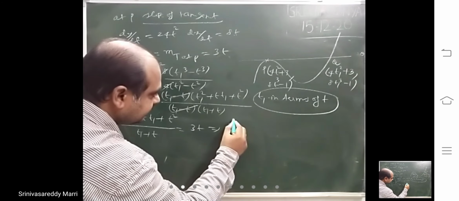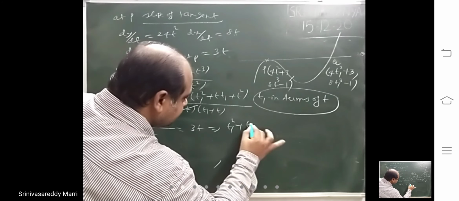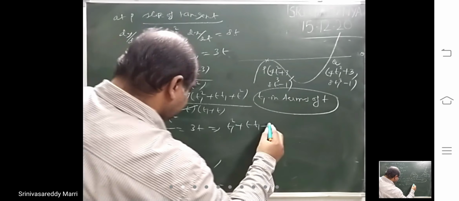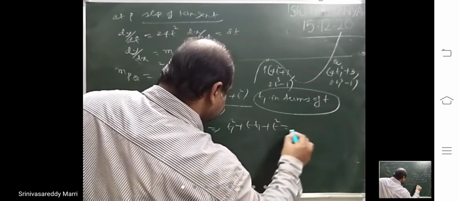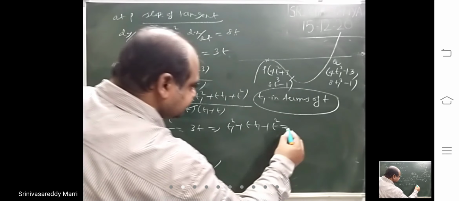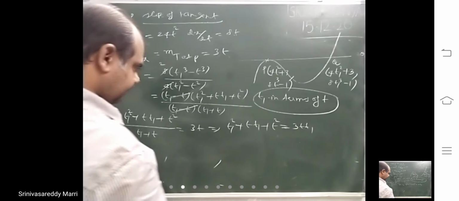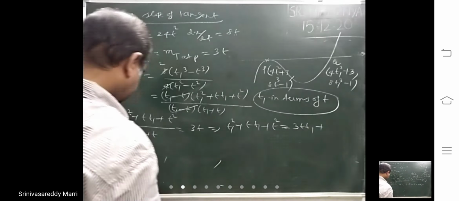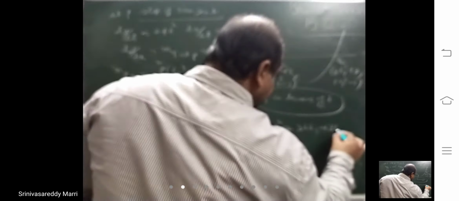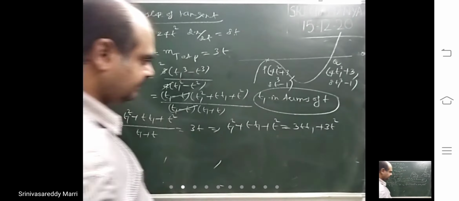That implies t1 square plus t1 t plus t square equals to, bring this side, 3t1 plus 3t square. Right?